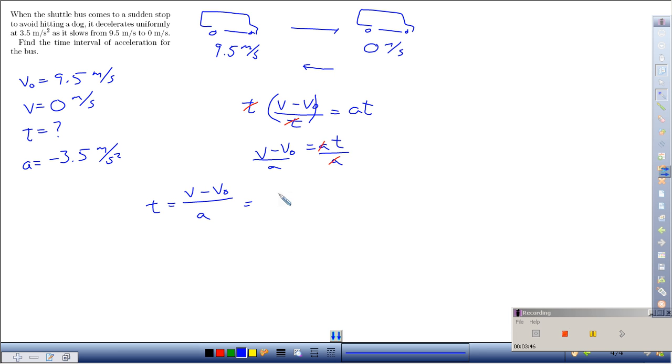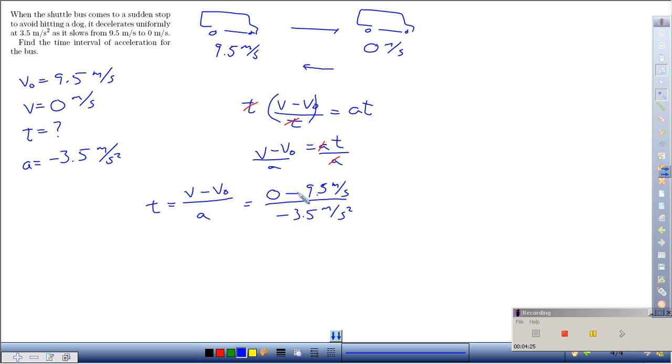So my final velocity here was 0. My initial velocity is 9.5 meters per second. And my acceleration is negative 3.5 meters per second squared. Now wait, what's going on here?